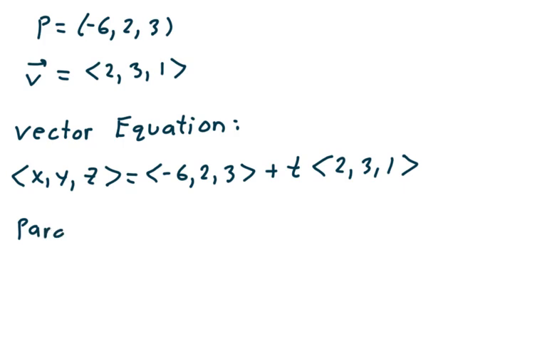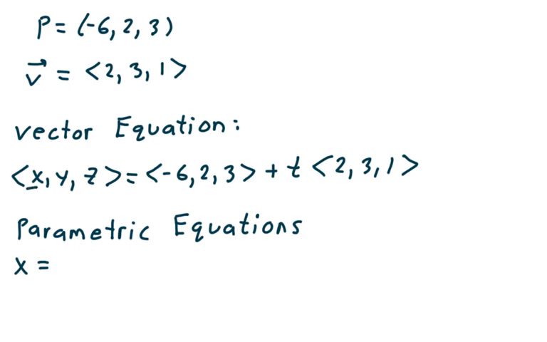Now, if we want the parametric equations, I'm going to equate components. And so I'm going to get x equals -6 plus 2t. y equals, so look for second components, 2 plus 3t.